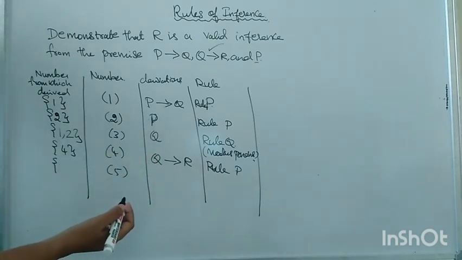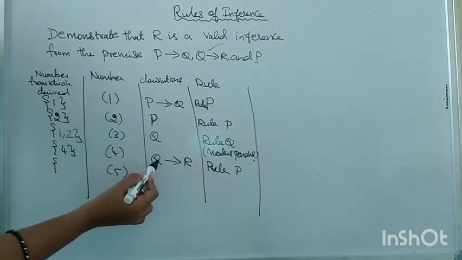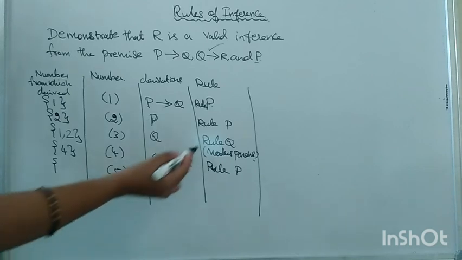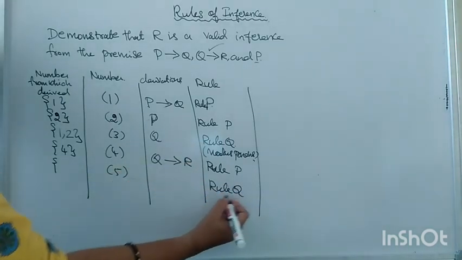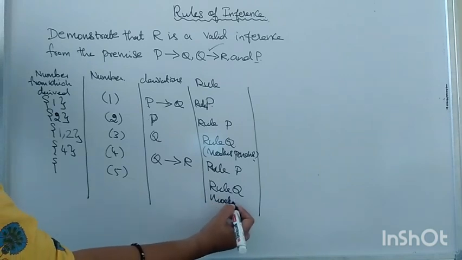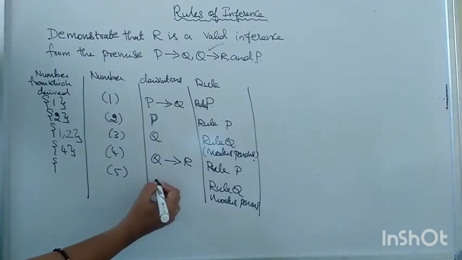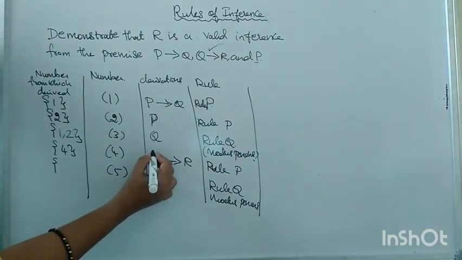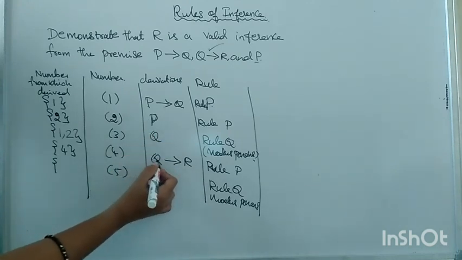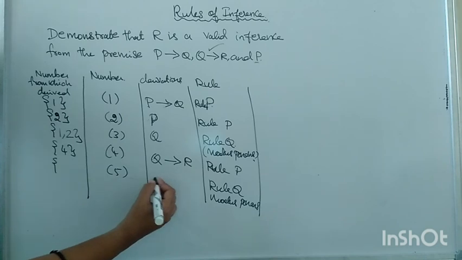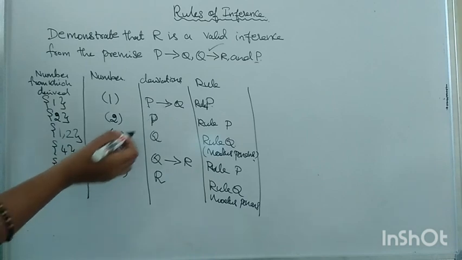How am I going to derive this one? Based on Q and Q implies R, using the same rule T and modus ponens, I can conclude R. Q and Q implies R means we will get R only.